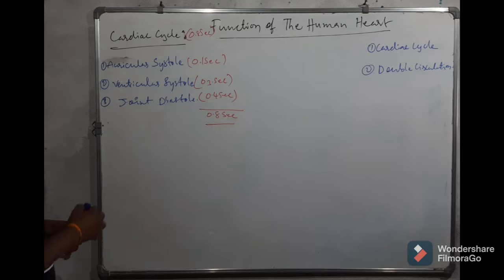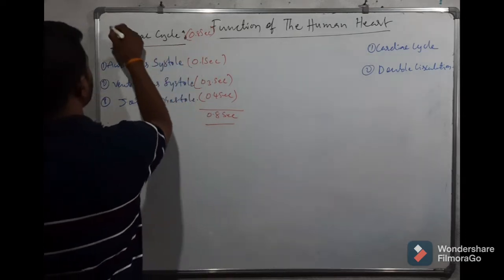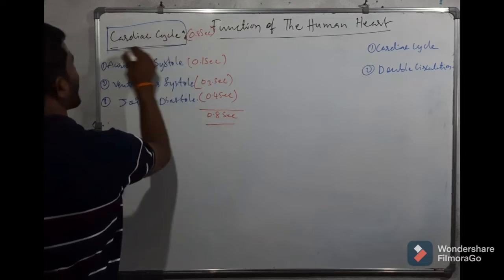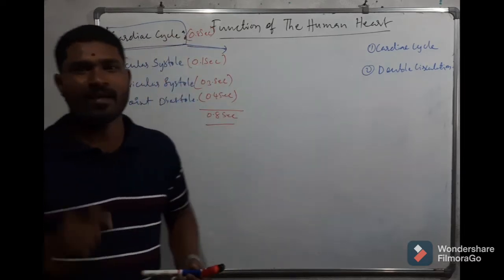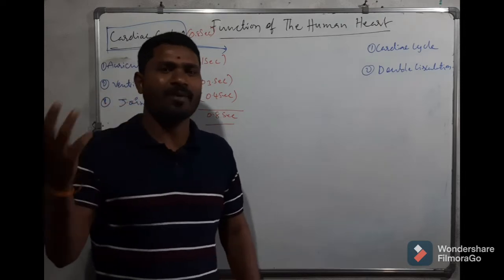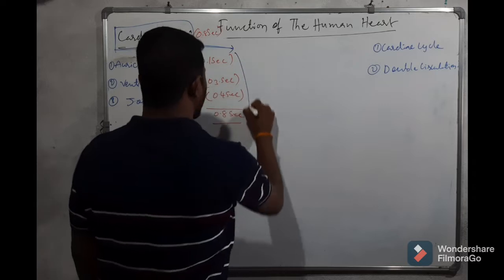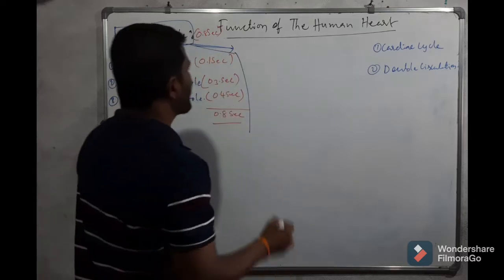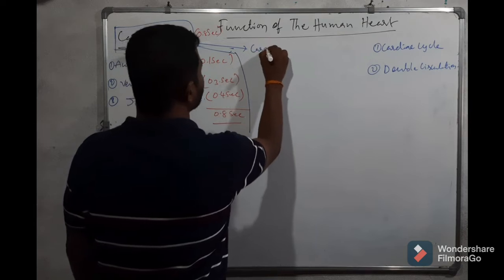First of all, we will see the definition of the cardiac cycle. The cardiac events that occur from the beginning of one heartbeat to the beginning of the next heartbeat constitute the cardiac cycle.